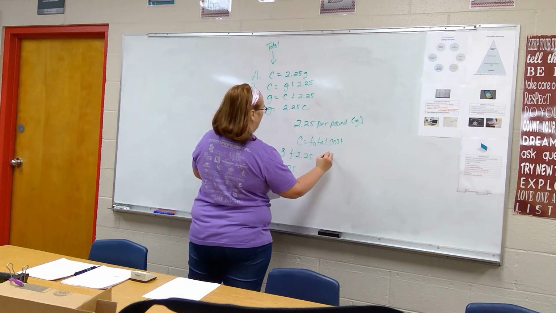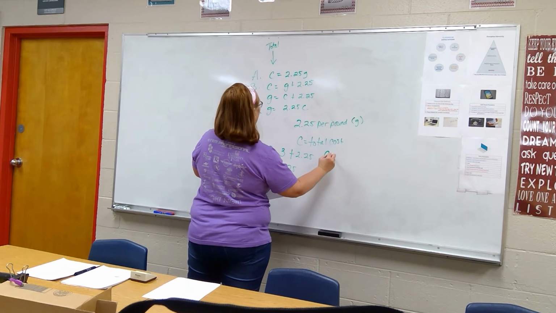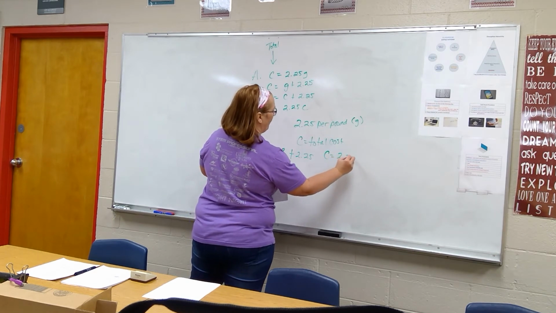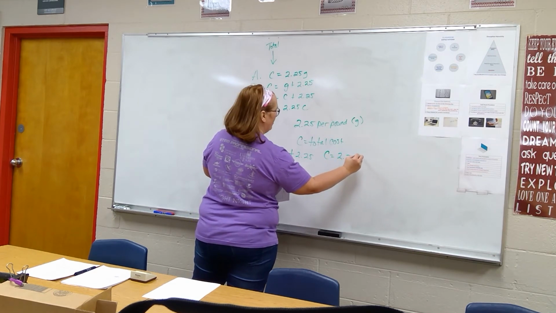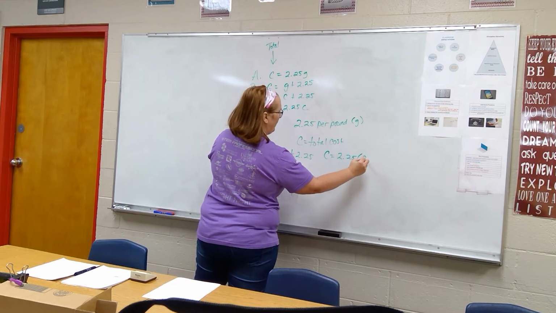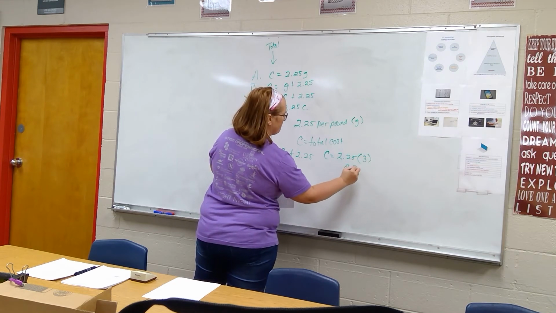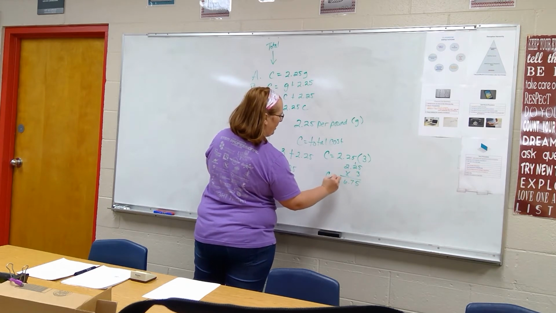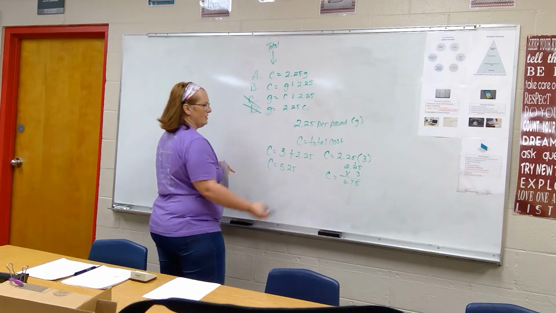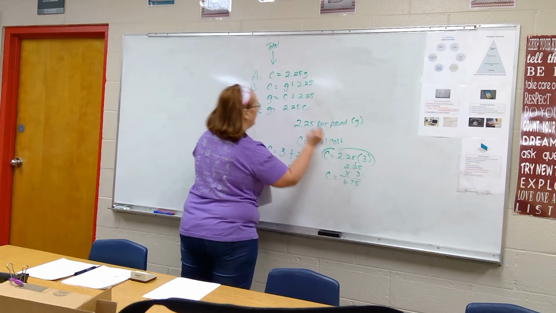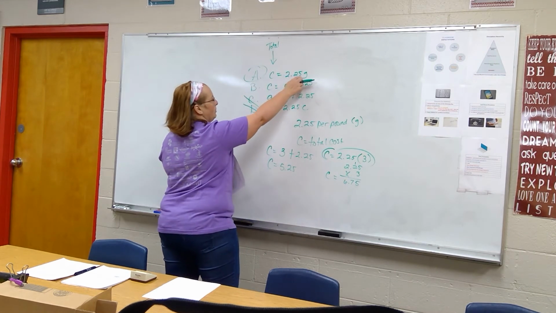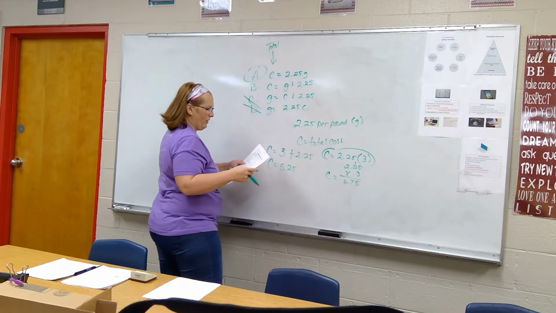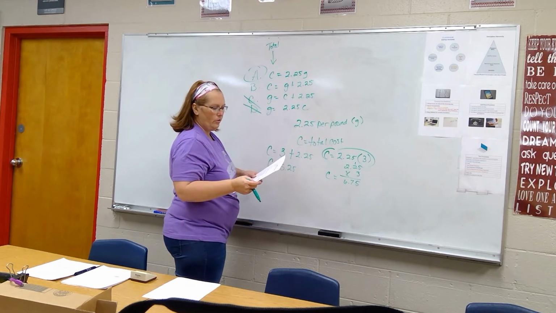Or A says C equals 2.25 times 3 pounds of grapes. So my total cost is $6.75. This is the correct answer because you're multiplying each pound by $2.25. You need to work those out.